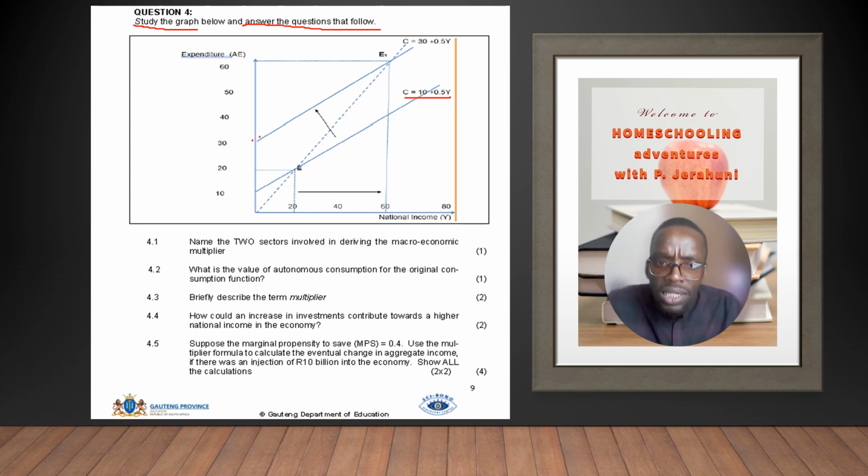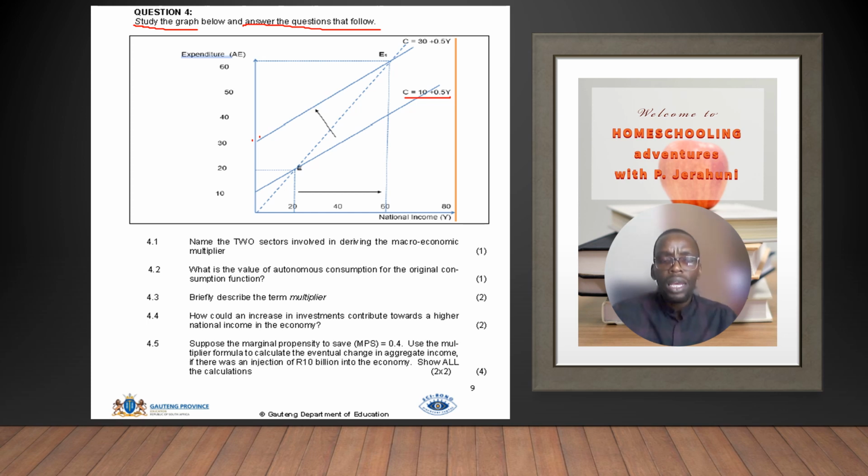Let's look at the consumption function again, which has plus 0.5y. It means 0.5y is 0.5 of the income, so it is influenced by income. This forms part of what we call induced consumption. So this one is induced consumption, this one is autonomous consumption, and when we add the two, that's our consumption function.